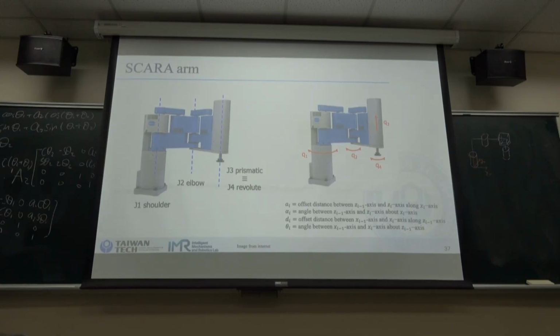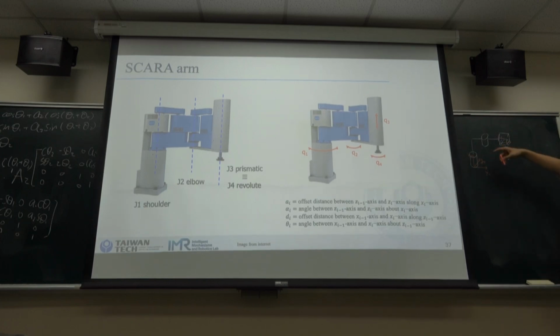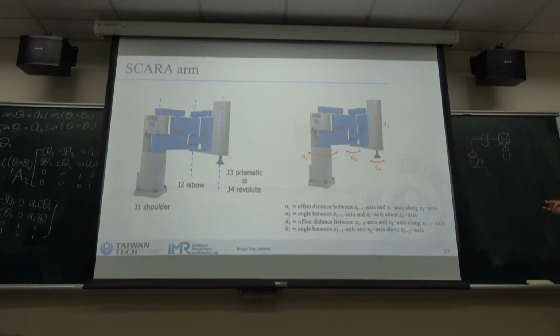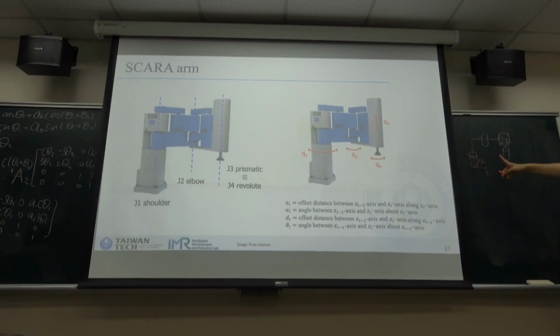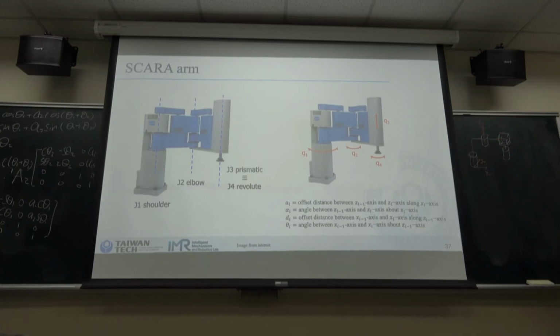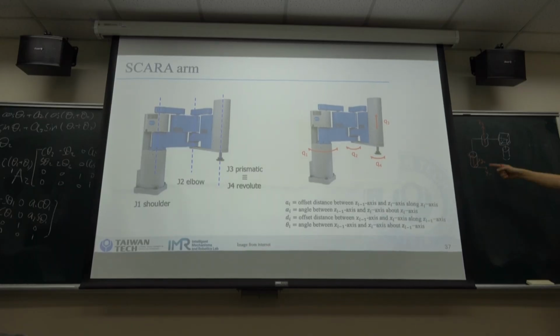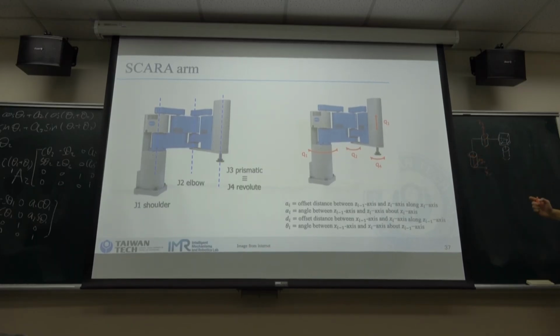And remember our rules for the DH convention. The Z-axis must be in the direction of the joint axis. So here, this is the Z1. And the X-axis must be perpendicular to Z1 and Z0.